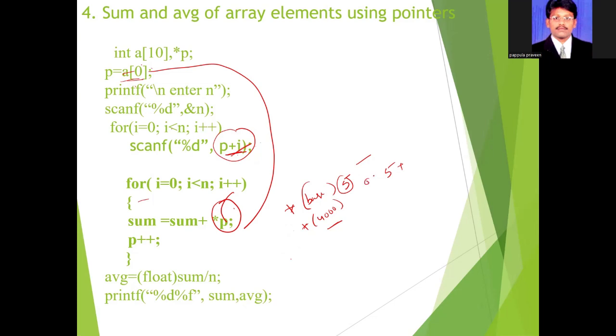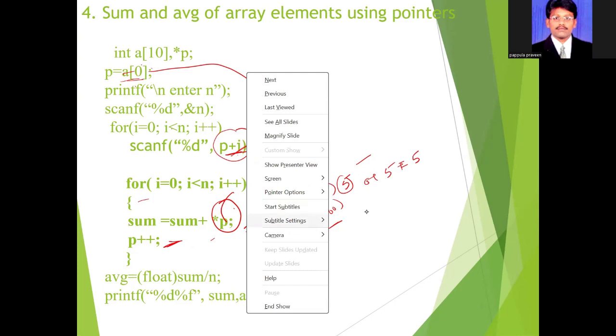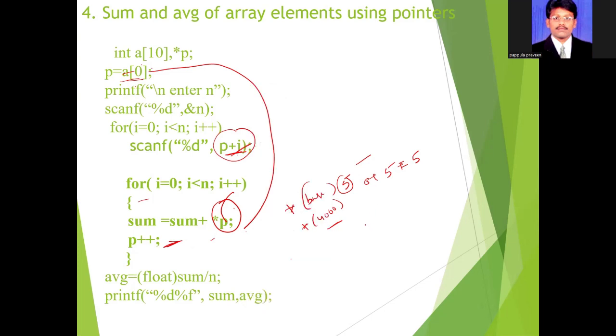Sum equal to 0, 0 plus 5. Now the p value is updated. Observe, p is also an integer pointer, so p equal to p plus 1. P plus 1 means the next address. The next address is 4004.